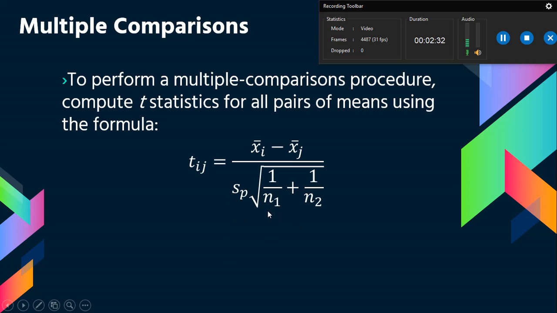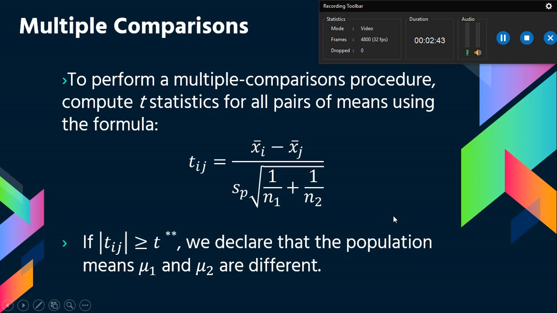And then under the square root radical, we take into account the size of the sample for both groups 1 and 2, or whichever groups you happen to be comparing. If you can show that you have a t statistic with a significant p-value, we can say that the means are different.